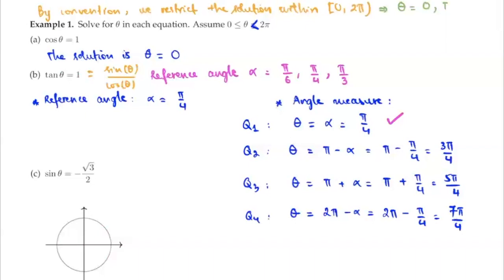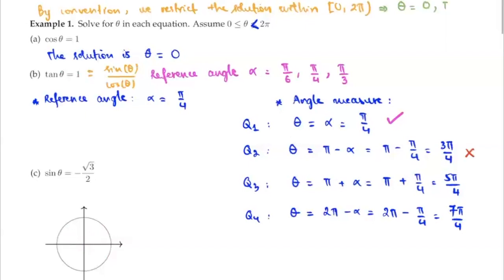Now, in the second quadrant, the y part, or sine, is positive, but cosine is negative, so tangent would be a negative number. That's not going to be the solution, so I'm going to eliminate that. Now, in the third quadrant, cosine is negative and sine is negative, so negative over negative will give you a positive.